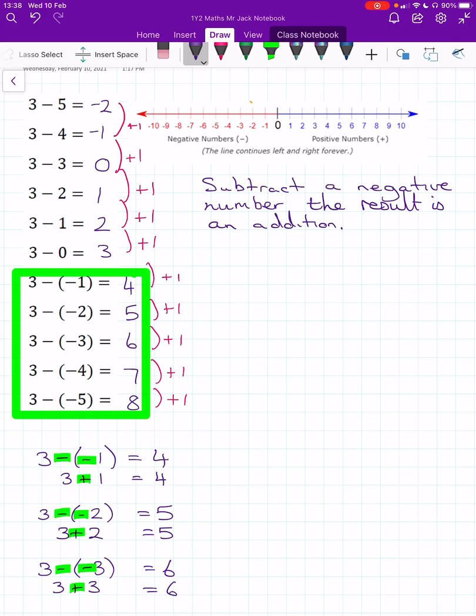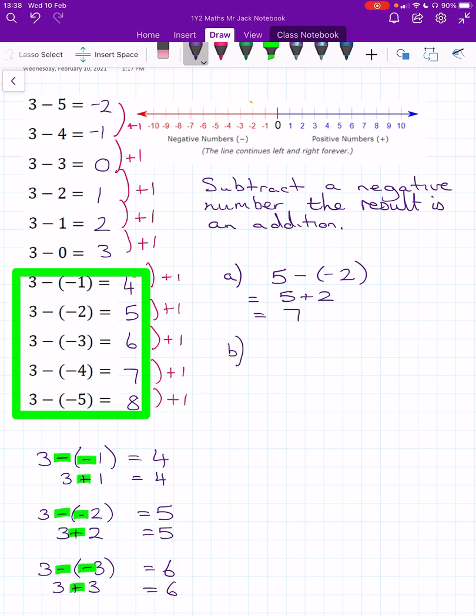Okay, so I'm just going to do some examples here, similar to what I did before. So I'm going to do 5 subtract negative 2. Well, what have I just said? When we subtract a negative number, we create an addition sum. So that's going to be 5 plus 2, which is 7.